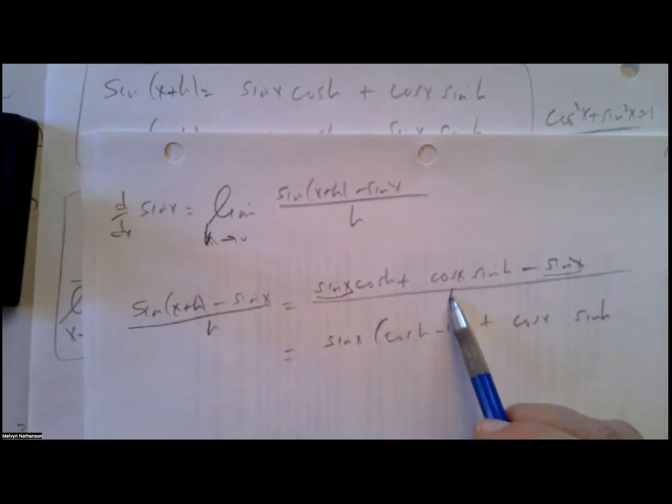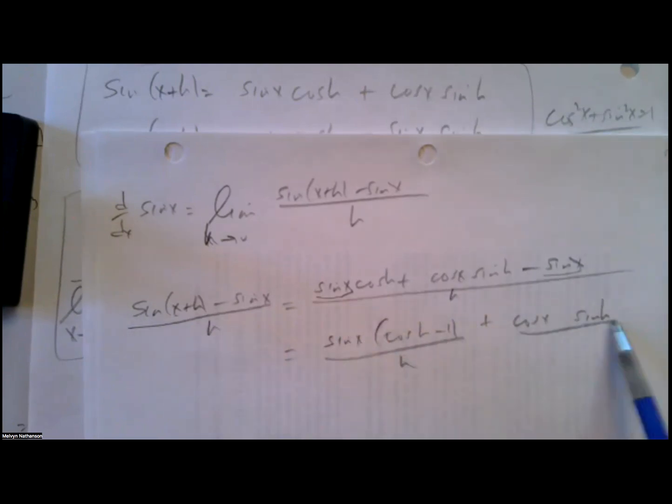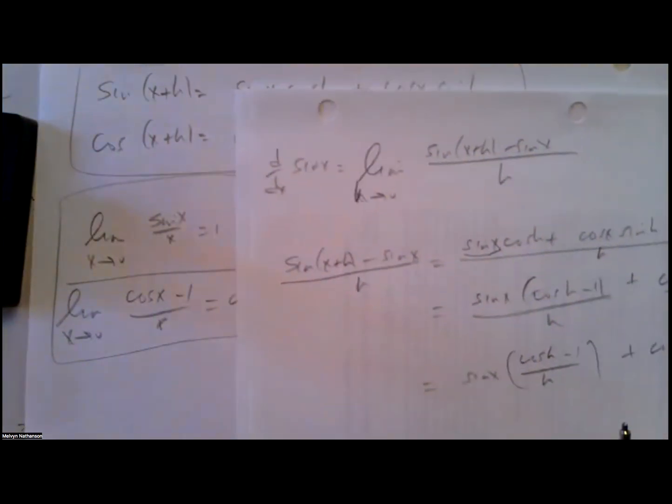And now I'm going to take this expression and divide by h. I get sine x times cosine h minus 1 over h plus cosine x sine h over h. Now, as h goes to 0, so what happens as h goes to 0?